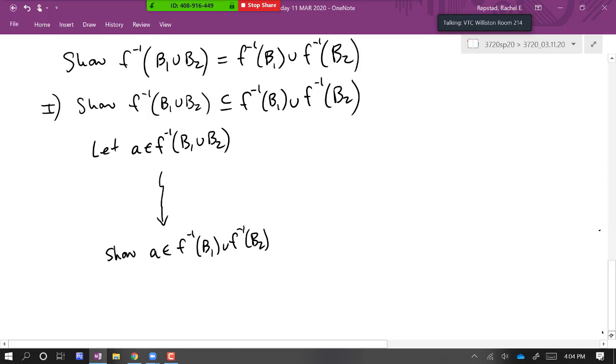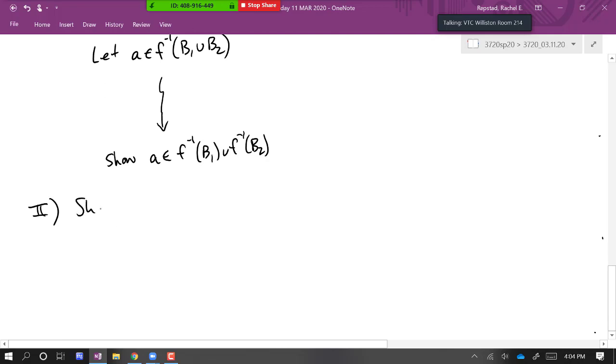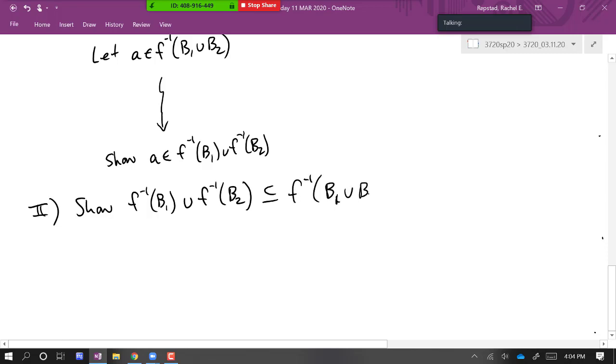In part 2, in the other part, you just go the other way. We're going to show that the union of those preimages is a subset of the preimage of the union. And it goes the same way, right?